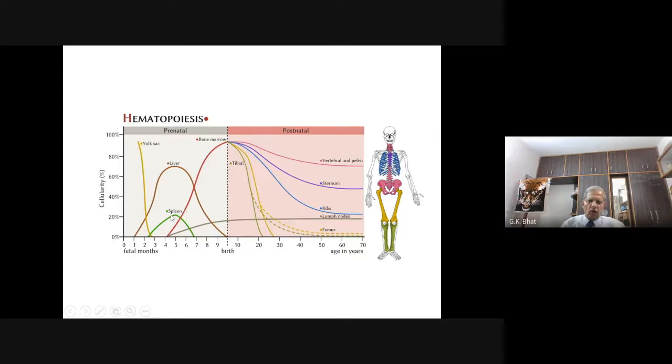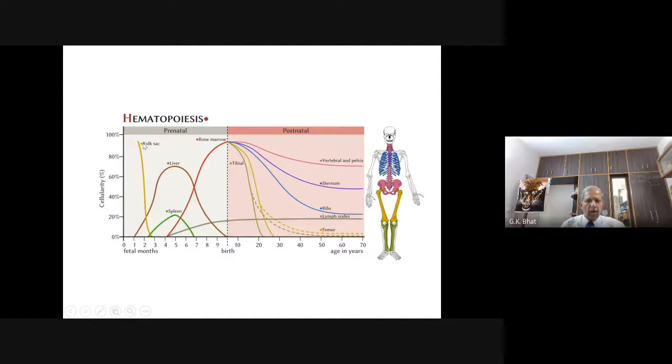So remember, between the 4th and 5th month, it is the liver and the spleen that are mainly concerned with blood cell formation and not other parts of the body. Right? But at the same time, near the 3rd month, you also see a maximum amount of these blood cells produced in the yolk sac.